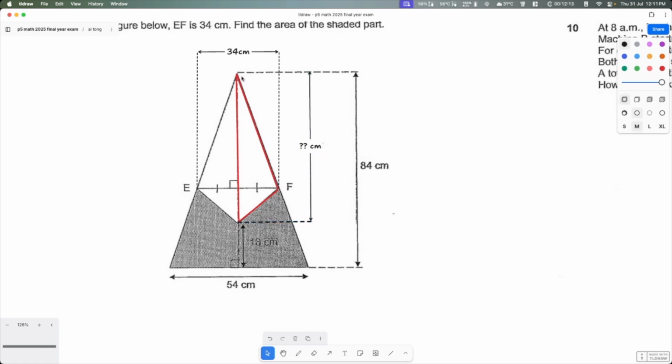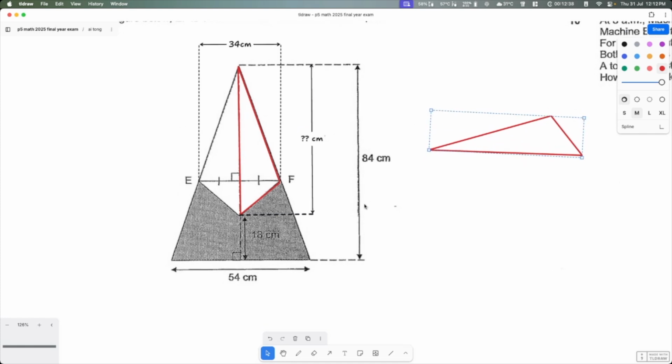If we can get this, we can get the base, and then we also can get the height, which is 34 centimeters divided by 2. So in essence, we can get the area of this.